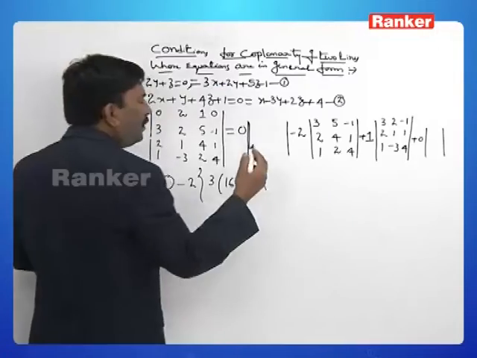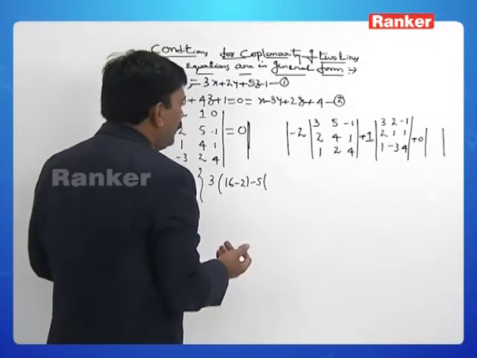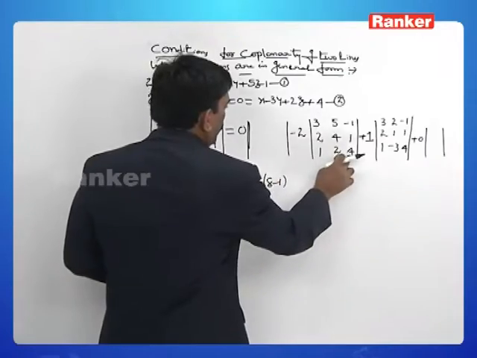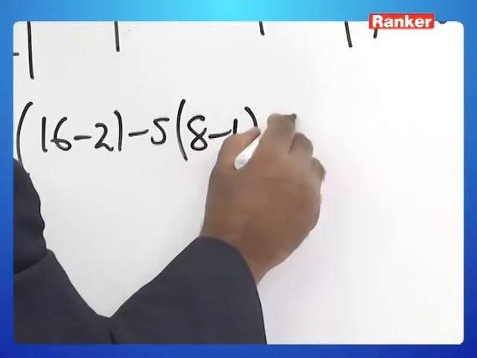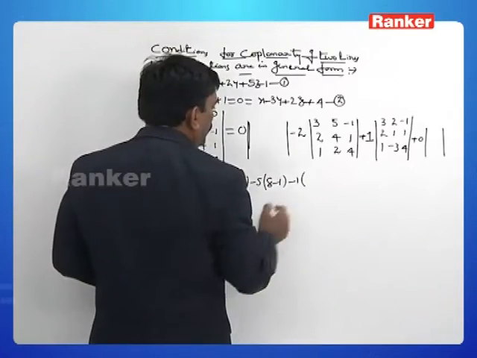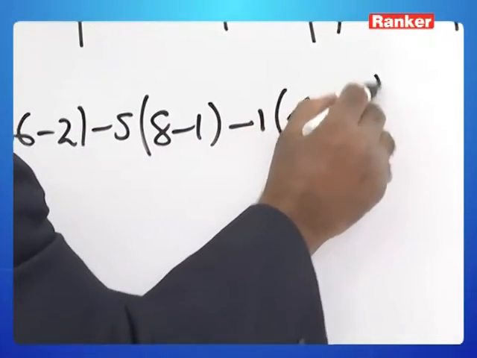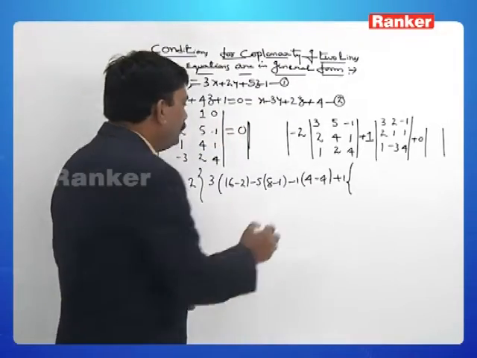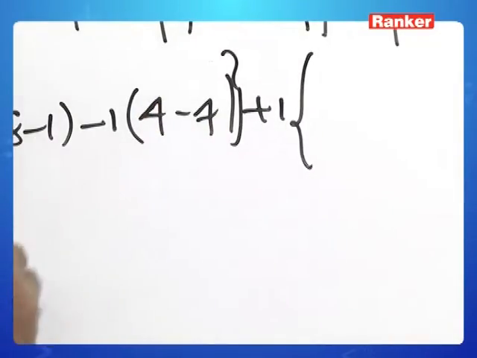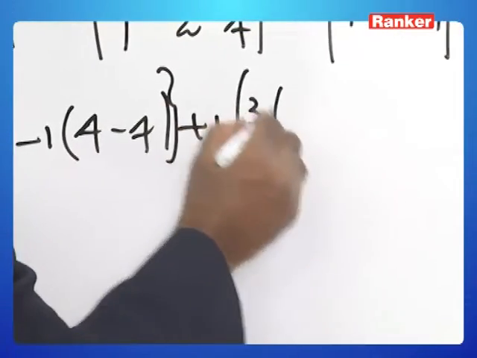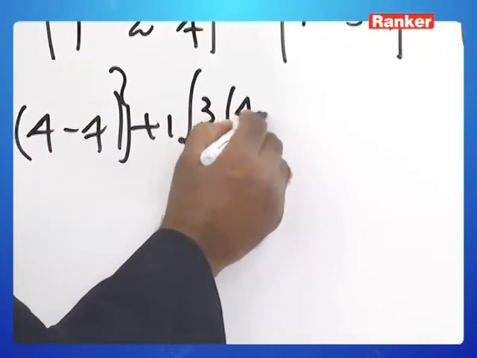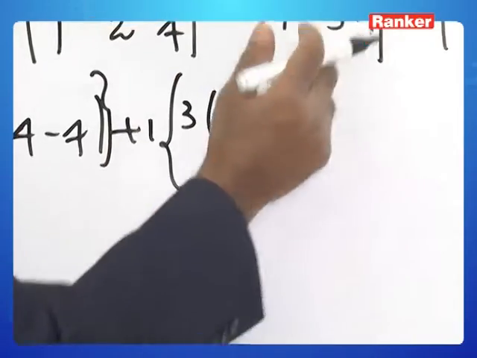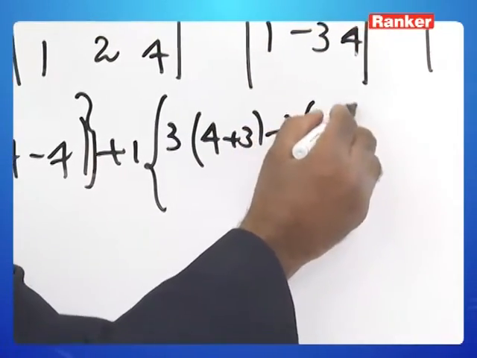minus 5 into, you know how to expand a 3 cross 3 determinant. 5 into 8 minus 1. 2 into 4, 8. This is minus 1. Minus 1 into, yes, come on, 4 minus 4. Plus 1 into, this is one determinant. Next, 3 into 4 plus 3 minus 2 into 8, 8 minus 1.